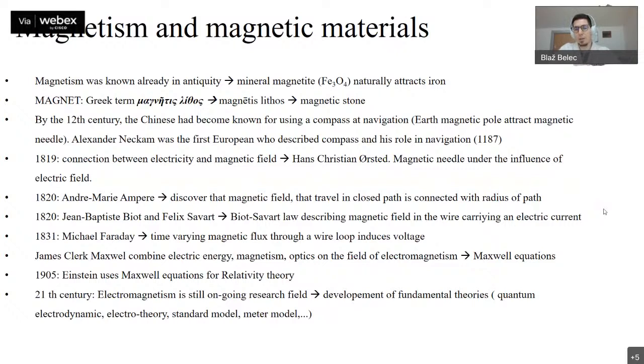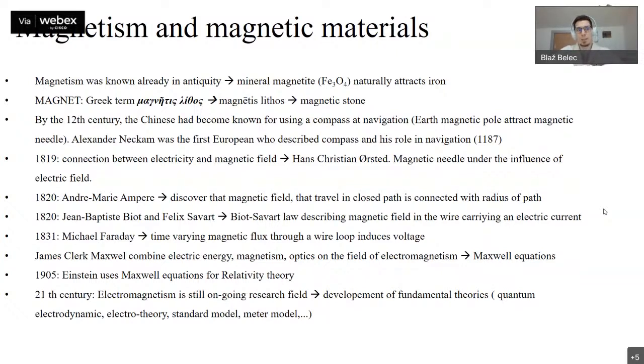Back then, they did not know what this force was that binds two rocks together, but the same rock did not bind with another, so they probably found the explanation in the gods. But later, through history, we knew that this is magnetism. The word magnet comes from magnetis lithos, meaning magnetic stone.